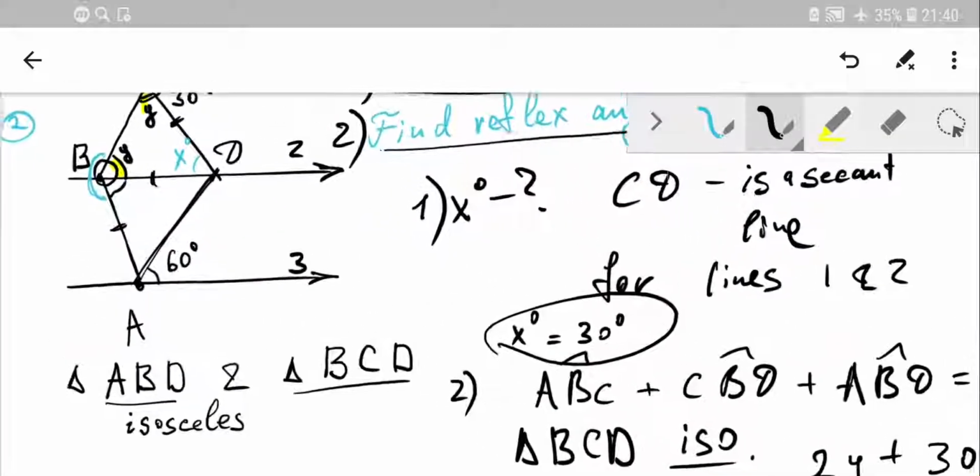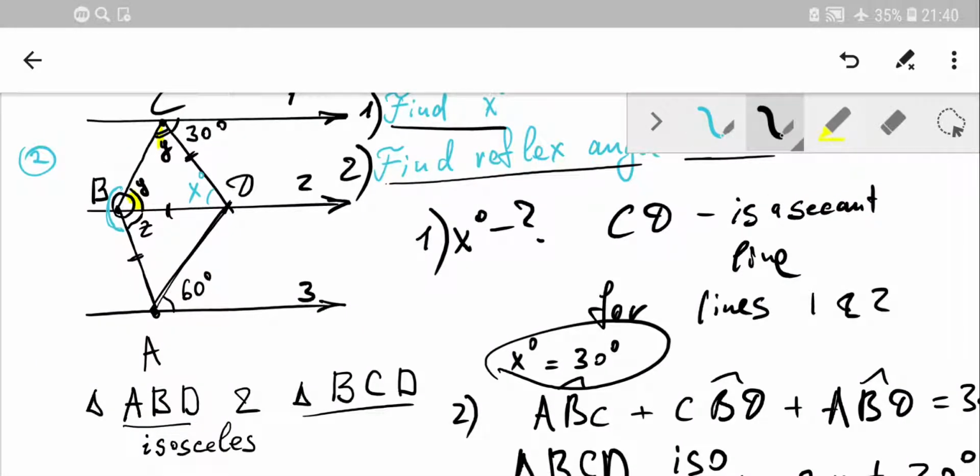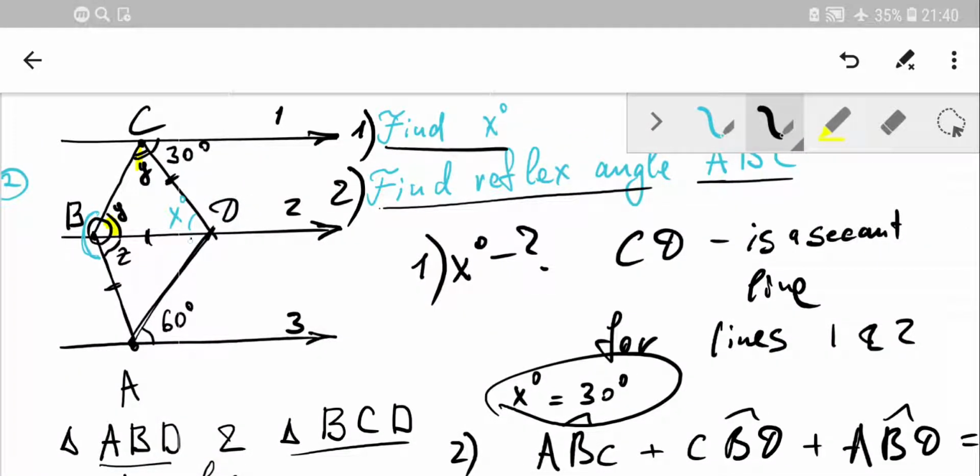Okay, let's move next. So angle, let's mark it as z. We don't know the two other angles, however, have a look again at AD as the second line.